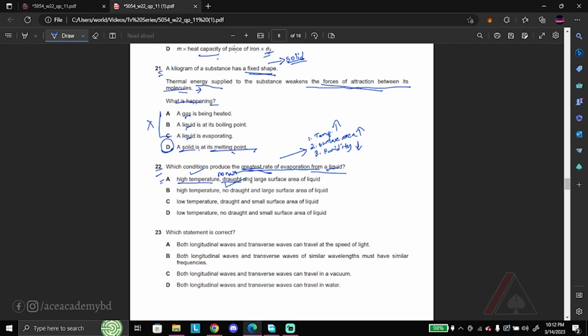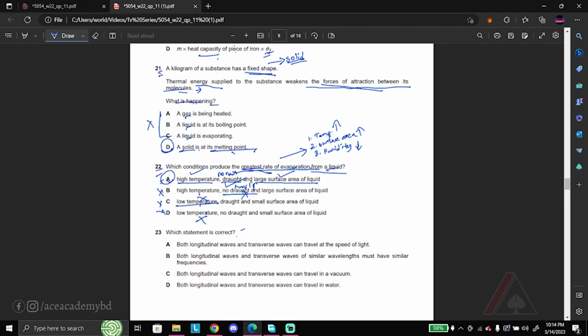So this is a favorable condition too. And large surface area of the liquid is also favorable for the greatest rate of evaporation. So A will be the answer. If we look at the other options, B says no drought, which means humidity will be high. Don't want that. And for C, low temperature is just not favorable. Low temperature up here too, so these two are wrong. So A is the right answer.